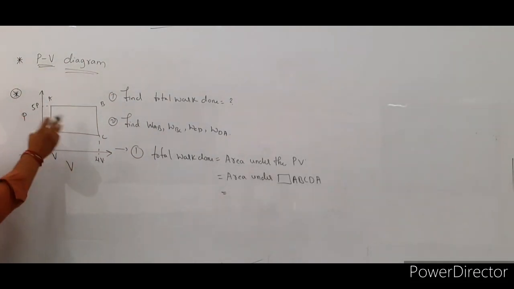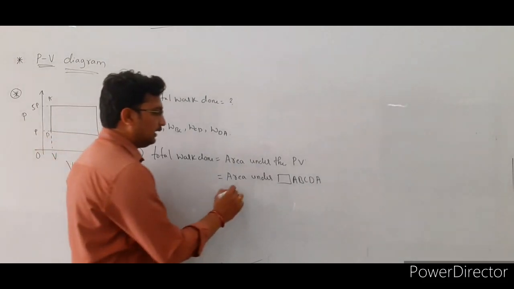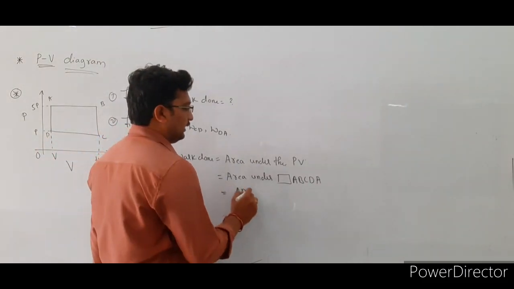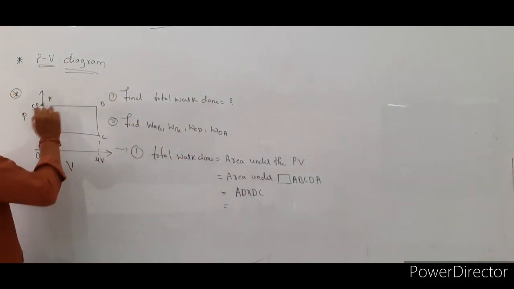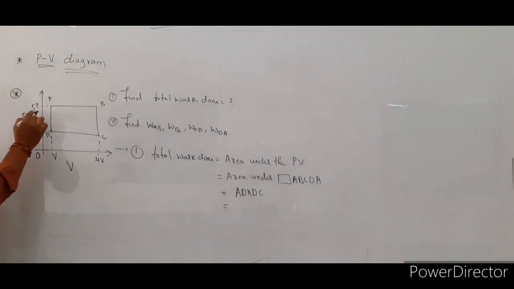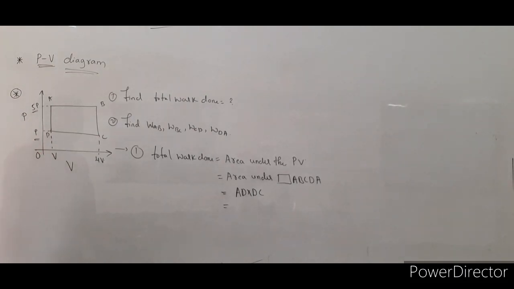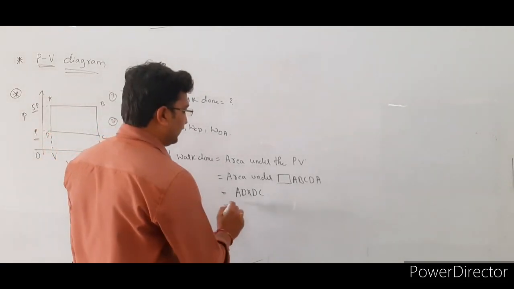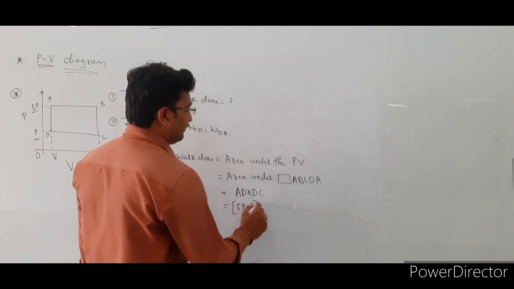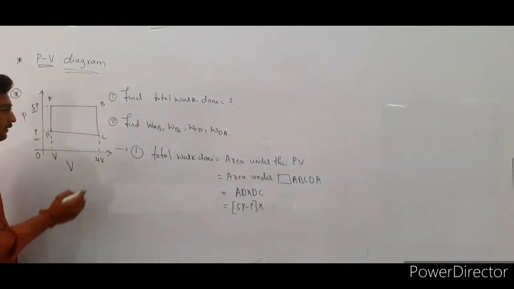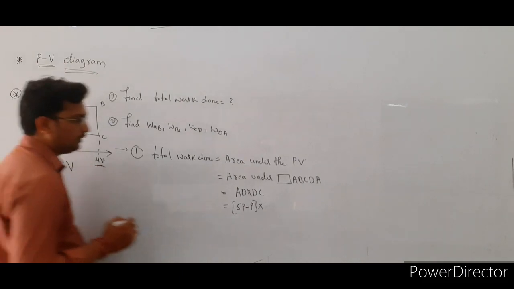That is length into breadth, that means AD into DC. What is the value of AD here? This is 5P and this is P. 5P minus P is equal to 4P, right? AD value is 5P minus P. Next, into DC value, that is 4V minus V.